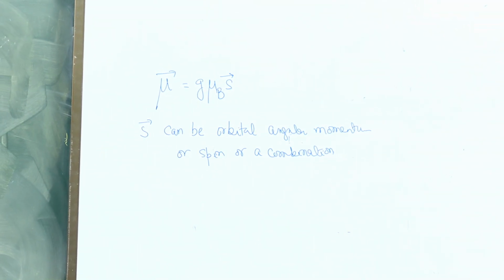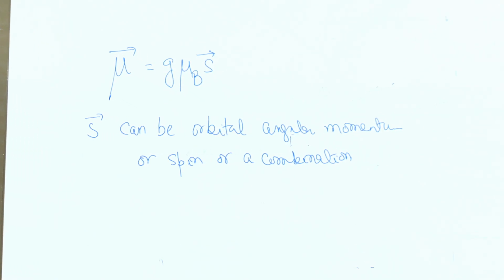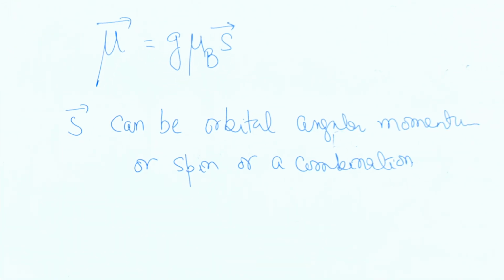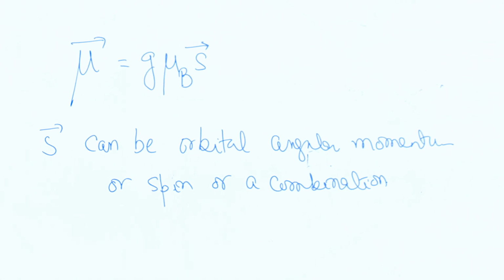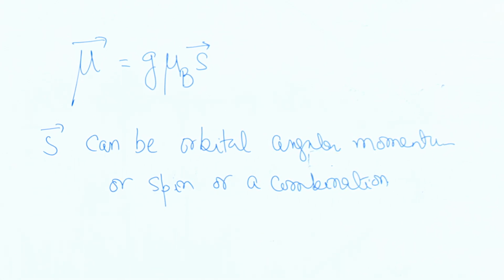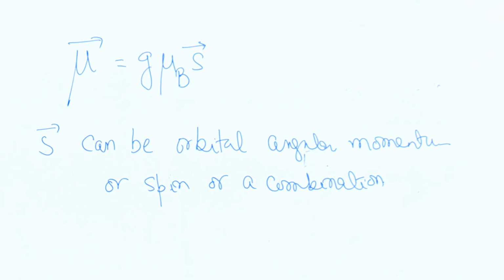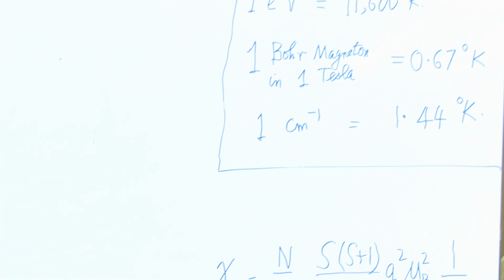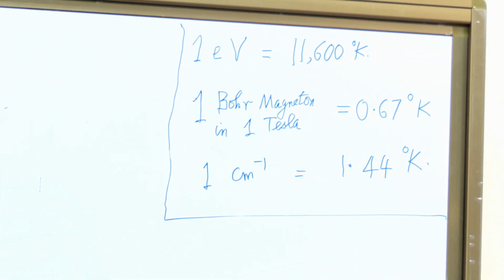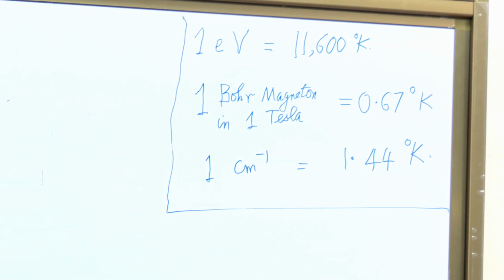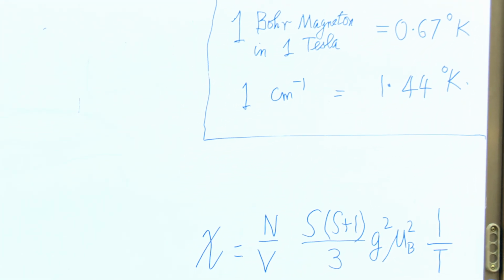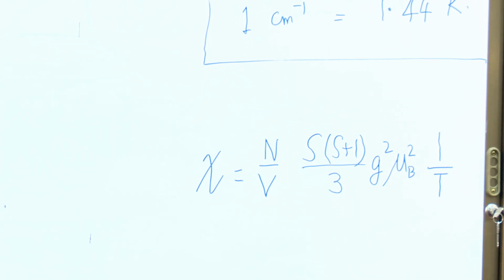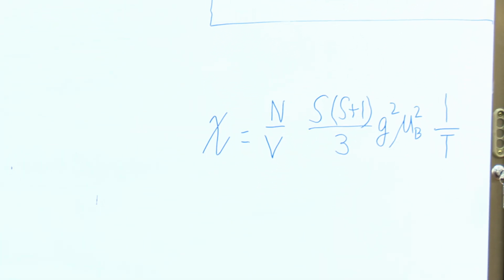So we have just seen the ideal paramagnet, but now what we are going to do is what is called in the literature Pauli paramagnetism. So we are looking at a bunch of electrons, free electrons, just conduction electrons in a metal, which we will approximate as free electrons.